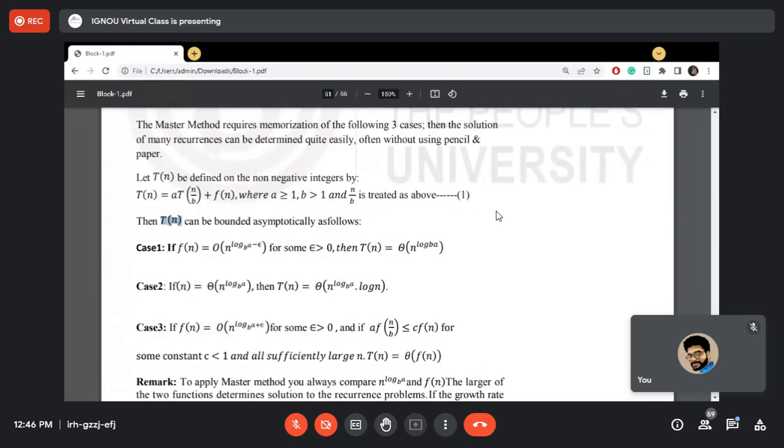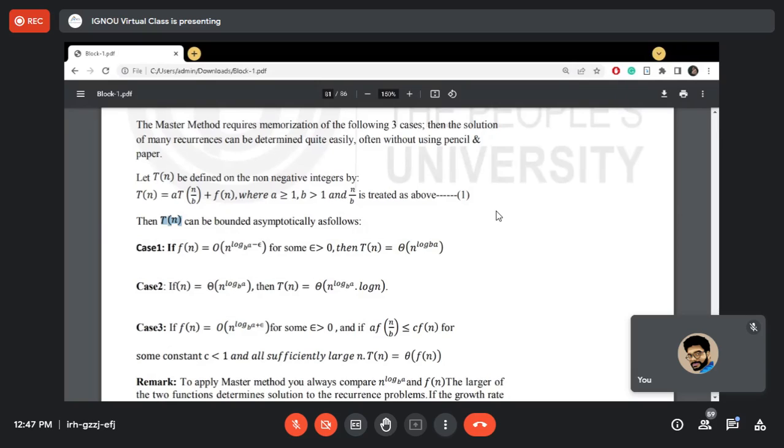If F(n) is equal to theta n to the log base b of a, whenever both are equal, we get the solution n to the log base b of a multiplied by log n.